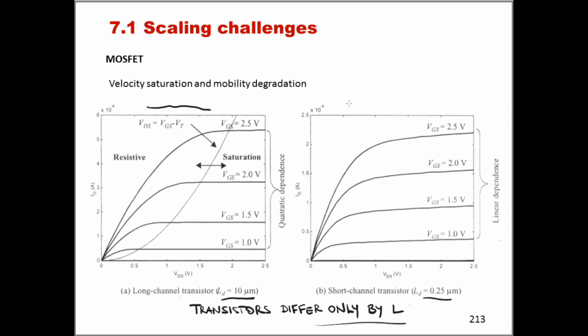But when we move to the short channel device, we see that first of all Vd sat is much smaller now than in the long channel device, and also that the spacing between the different curves is now following a linear relation and not anymore quadratic as it was here.